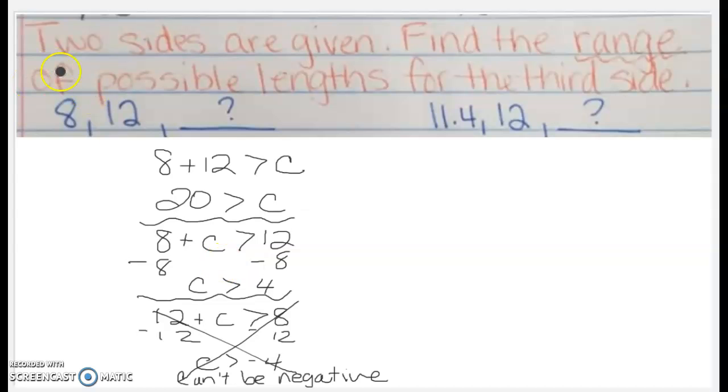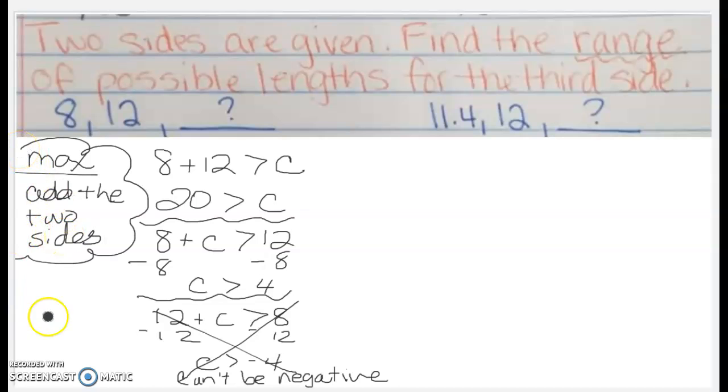So really what it comes down to is to get the maximum side length, you add the two sides, okay, and to get the minimum, you subtract the two sides.